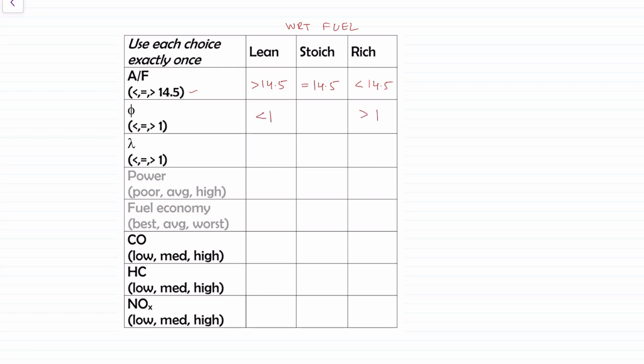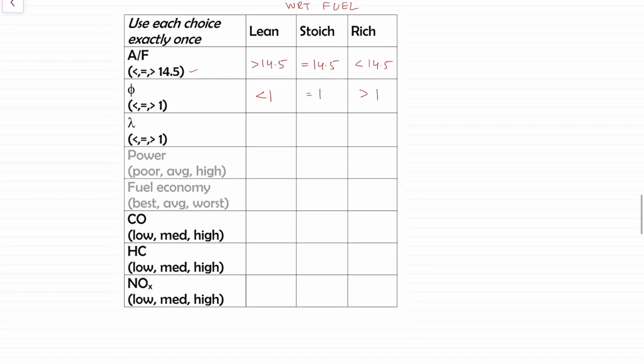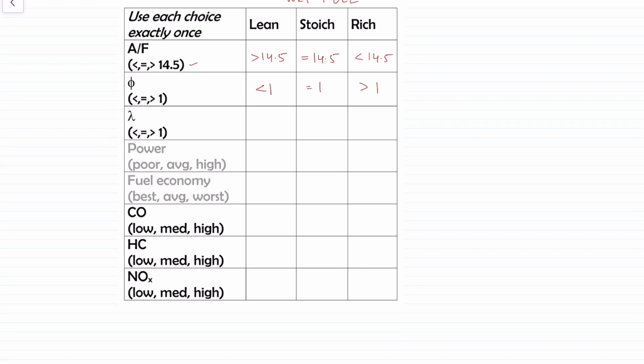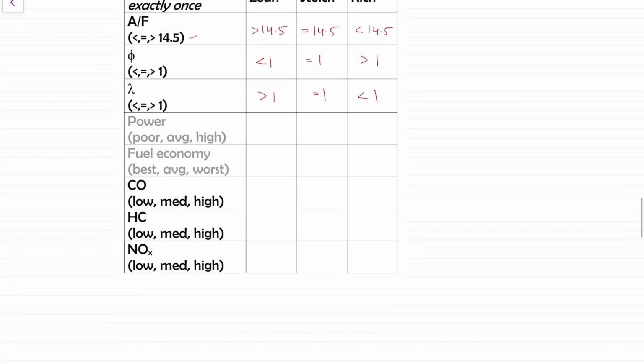When it's less than 1, it's fuel lean, and when it's stoichiometric, it's equal to 1. For lambda, it's the opposite, so we can just do the inverse.